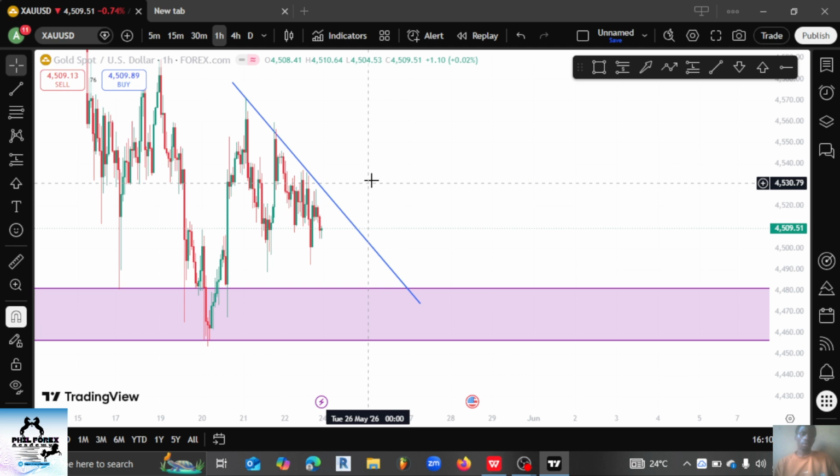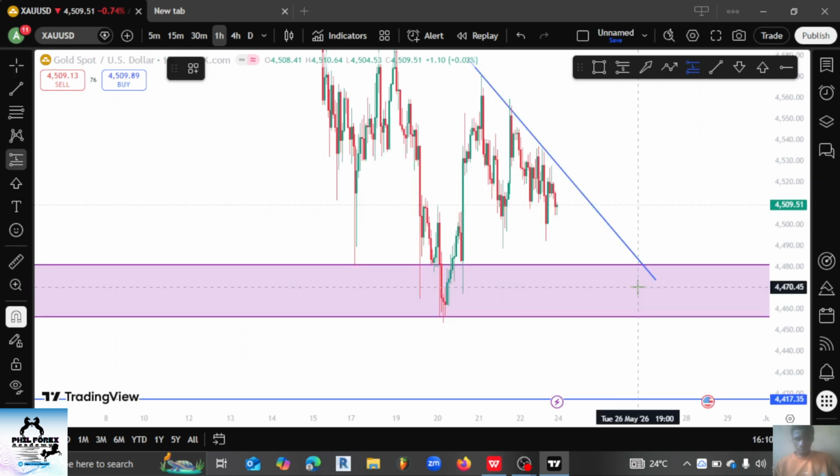If at all we are going to buy, it should be around this level, right? Around this level. Yes, target this much, right? Yes. Or we can wait.